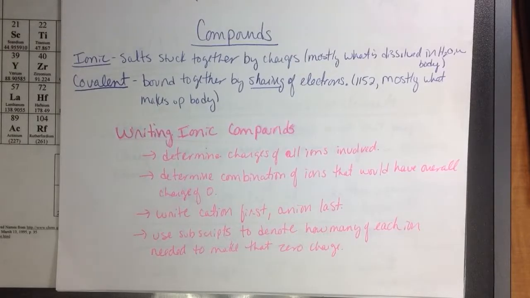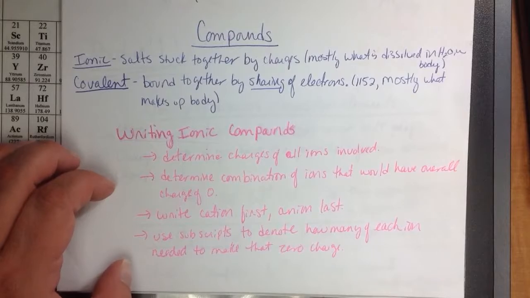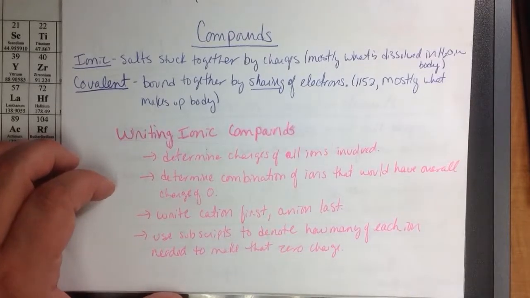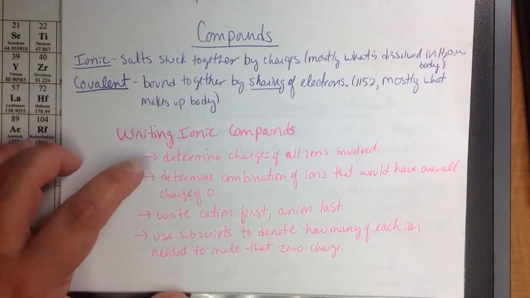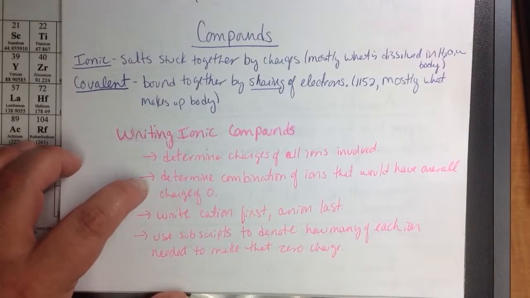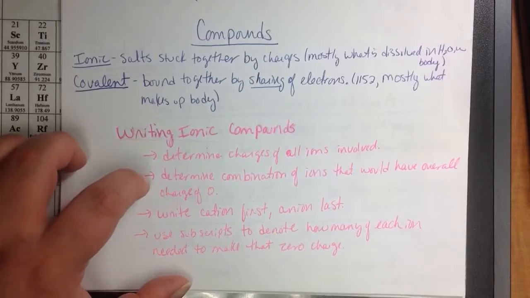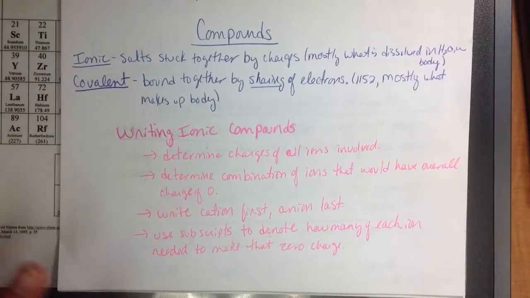Since we don't want to live around a whole bunch of lightning nonstop, coming from our fingers and crazy stuff, although superhero sounds good, the entire world tends to balance out in the universe to have a charge of 0. And so compounds are going to have a 0 charge overall.